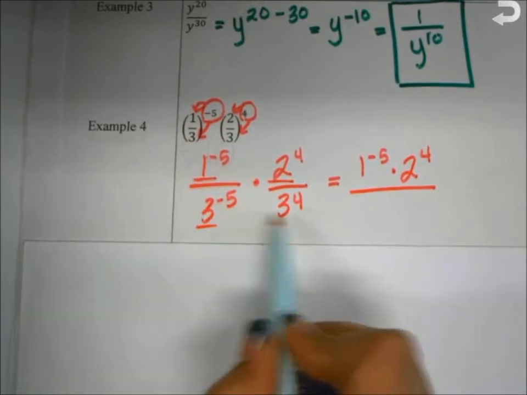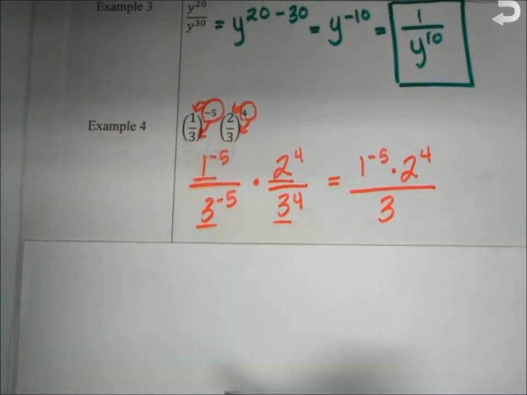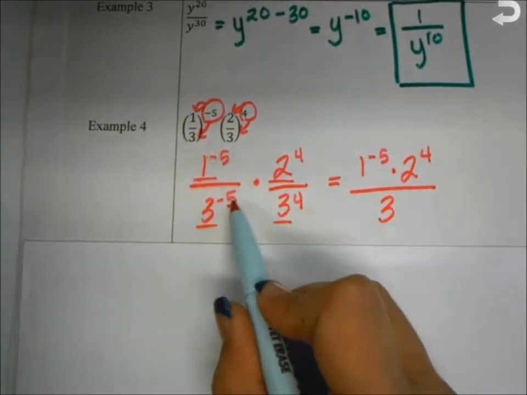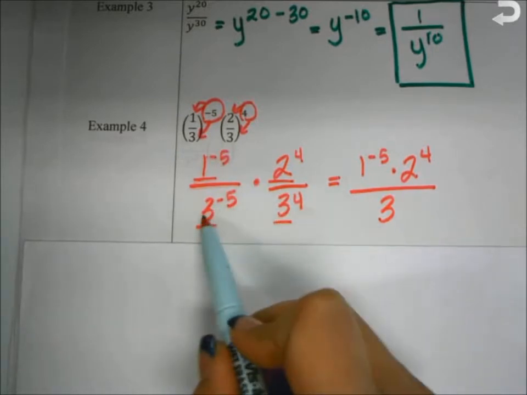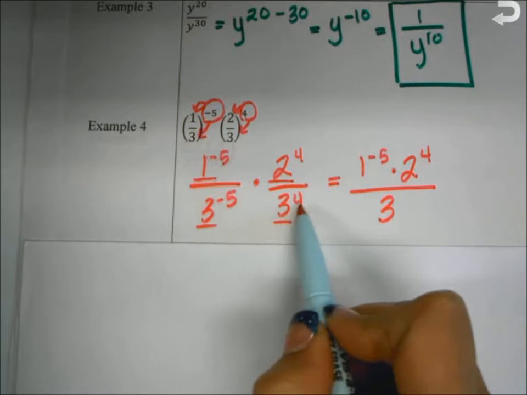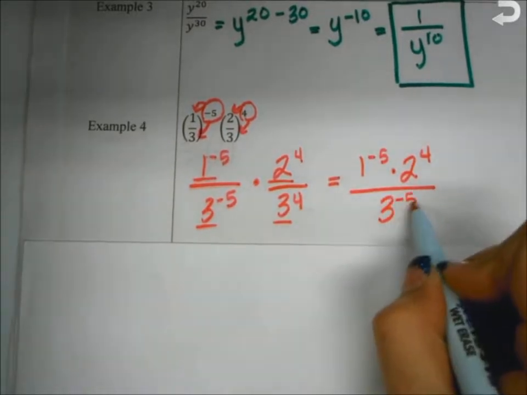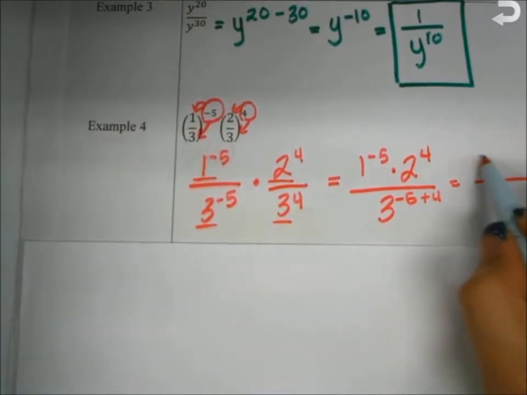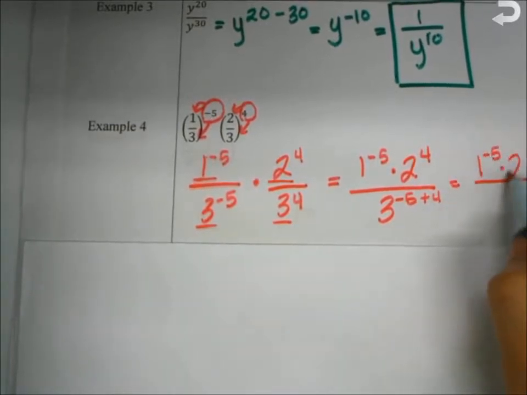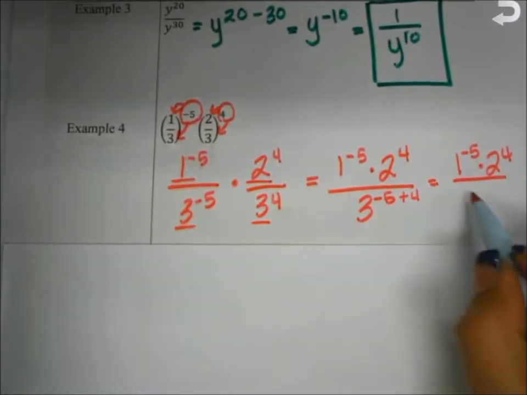So I get to keep that base, and since I'm multiplying the powers, I add the exponent. So I have 3 to the negative 5th times 3 to the 4th, which gives me 3 to the negative 5 plus 4. So 1 to the negative 5th times 2 to the 4th, all over 3, negative 5 plus 4 gives me negative 1.